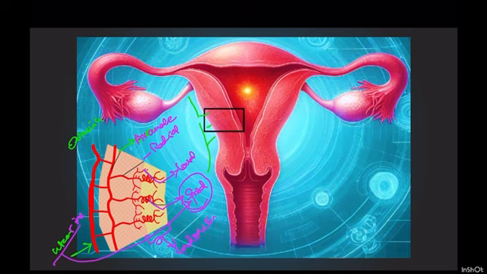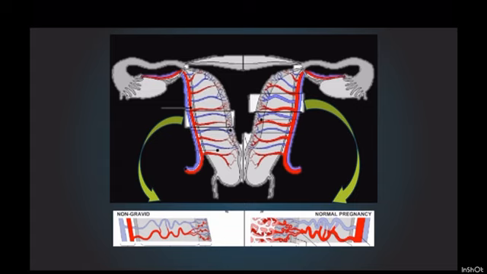Okay, so these are the main blood vessels that are going to undergo change during pregnancy. Remember this point. Now let's see the changes of the blood vessels in the uterus. Now this is the non-gravid uterus.